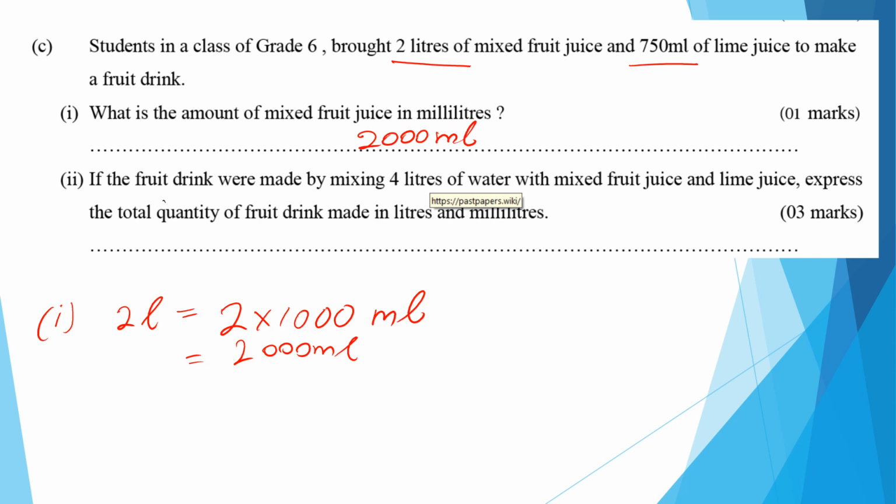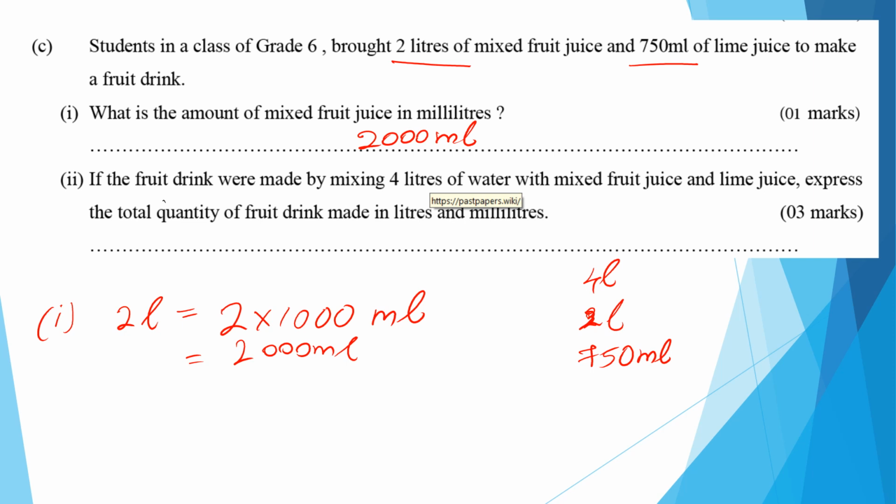That means you add the 4 liters of water, and you add the 2 liters of mixed fruit juice, and also you add the 750 milliliters of lime juice. Then they ask what is the total quantity of the fruit drink made in liters and milliliters.